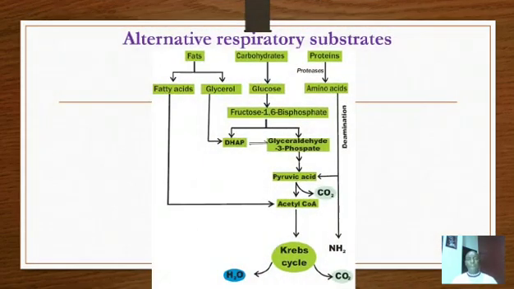We now move on and see alternative respiratory substrates. What do we mean? We noted that the main supply of energy in the body is glucose. Even in glycolysis, we saw that starch and glycogen get converted to glucose. Therefore, carbohydrates generally are the main source of energy.